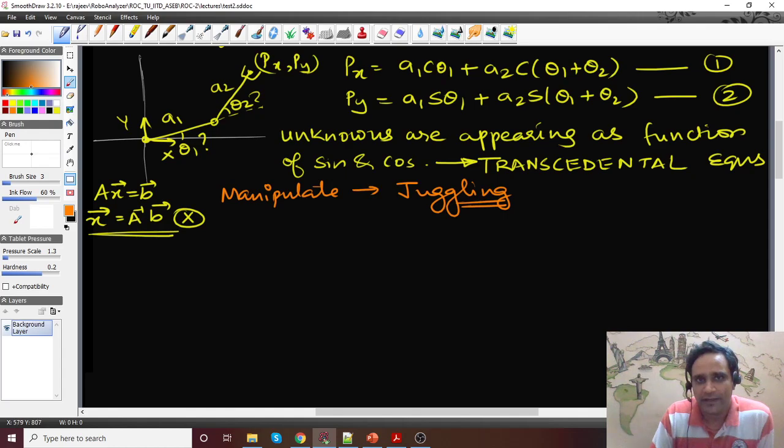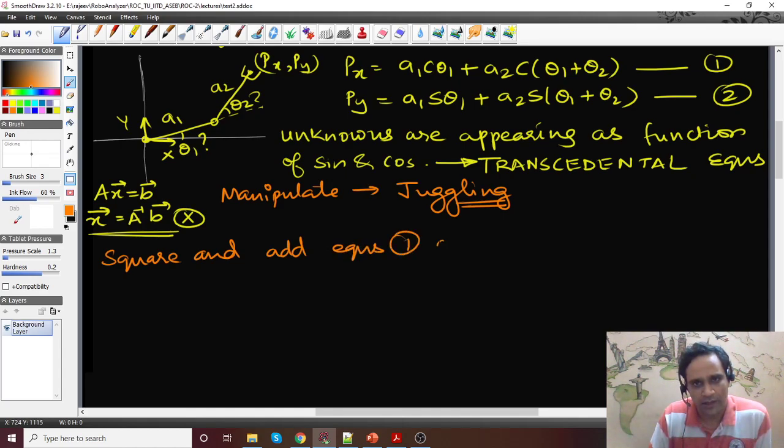Maybe we can square and add these two equations, equations 1 and 2. Okay, so when we do it, we may end up with some simplification. Let us try to do that. So equation number 1, when we square it, what do we get?